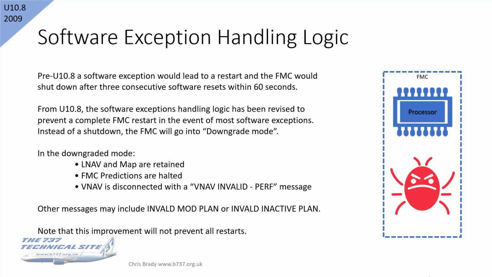What was even better was the handling logic to software exceptions. Pre 10.8, a software exception would lead to a restart, and the FMC would shut down after 3 consecutive software restarts within 60 seconds. Now, if a computer has got a computation it can't solve, doing a restart may or may not solve it.